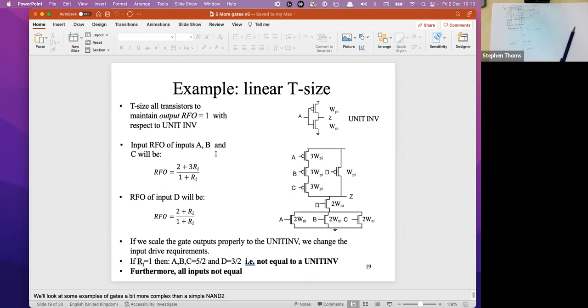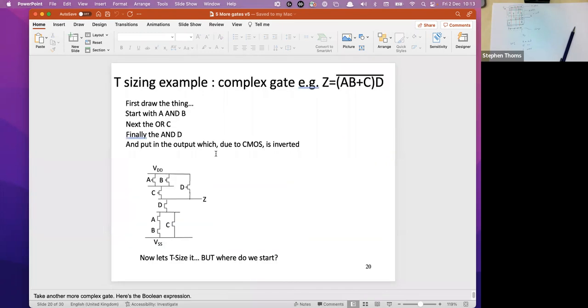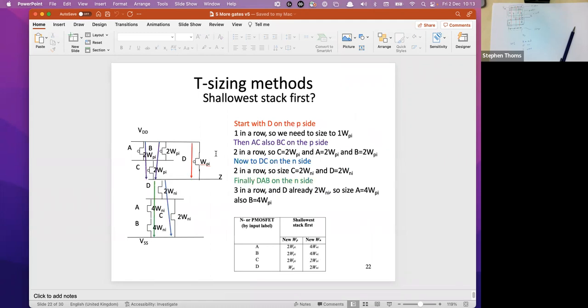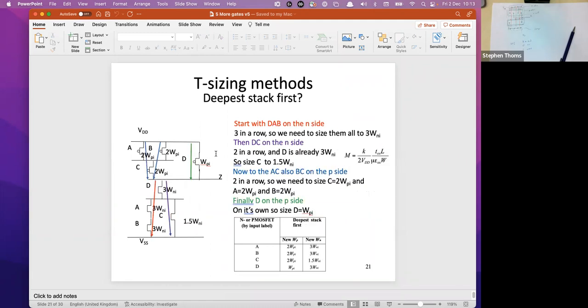Is that the right sort of example? I think this example here actually does what you're interested in. Okay, tell me if I'm wrong, but I think this is what you're asking about.